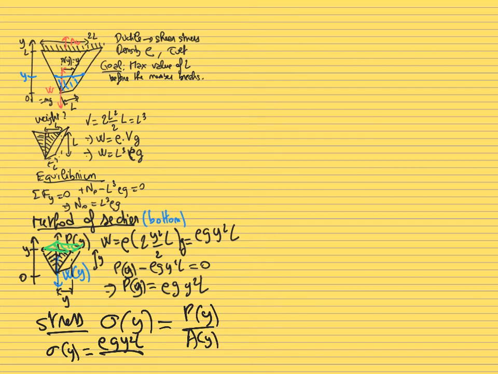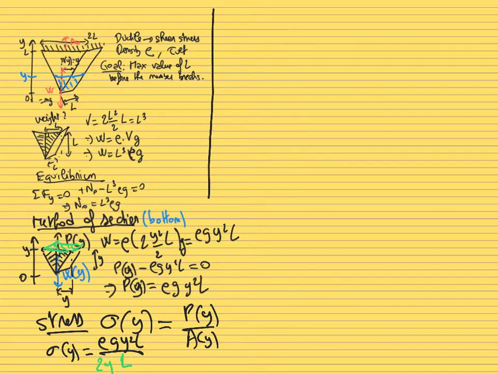The width of this rectangle is 2y, and we multiply by the thickness, which is L. So this is the value of the surface through which we are cutting the member into parts, the surface over which the load is applied. To get the stress, we just take the load and divide it by the area over which it is applied.